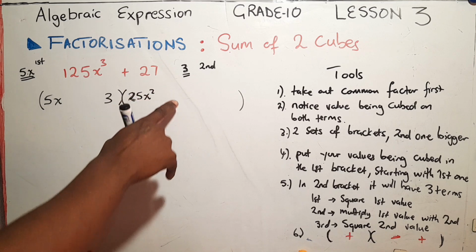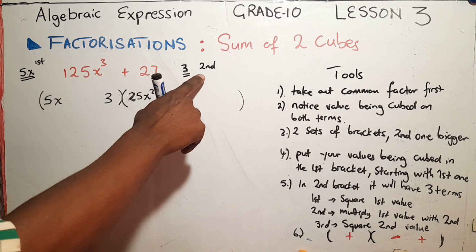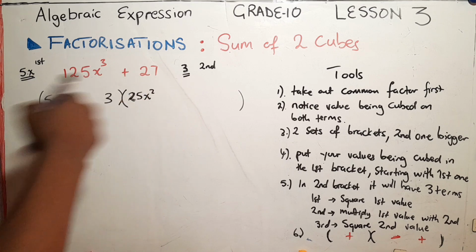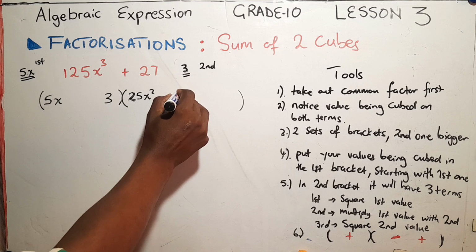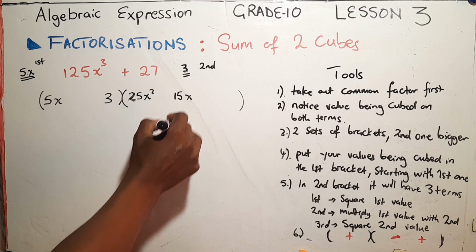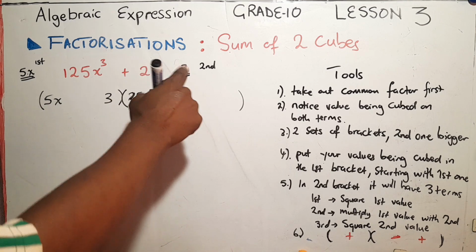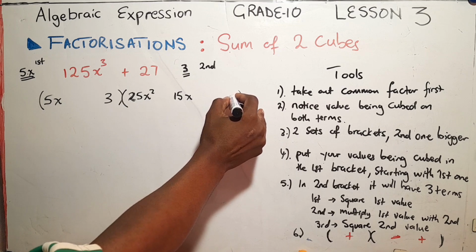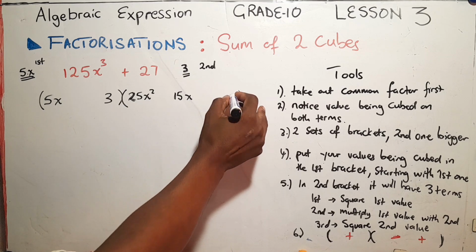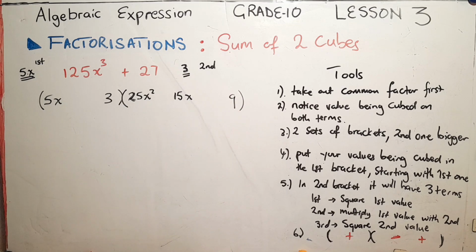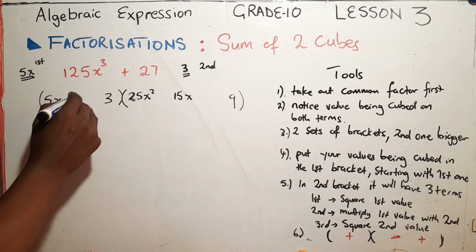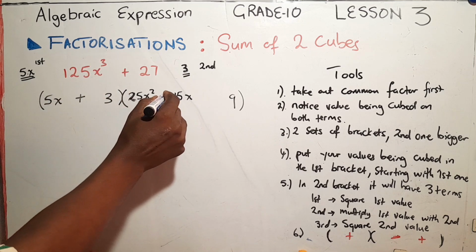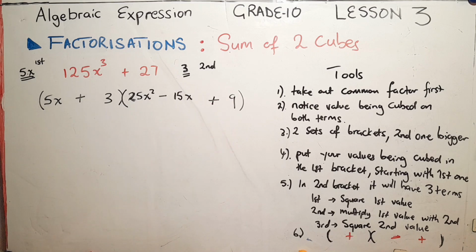And how do we find the second term? We multiply the first and the second terms. So 5x multiplied by 3, we get 15x. And lastly, we square the second term. So we are going to square 3, we are going to get 9. And to find our signs here, just because we are dealing with the sum of two cubes, this will be plus, minus, plus, and that's factorized, just like that.